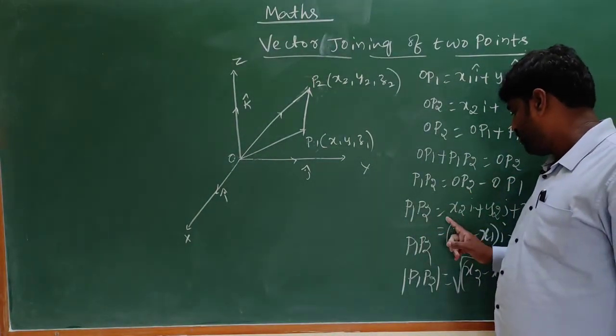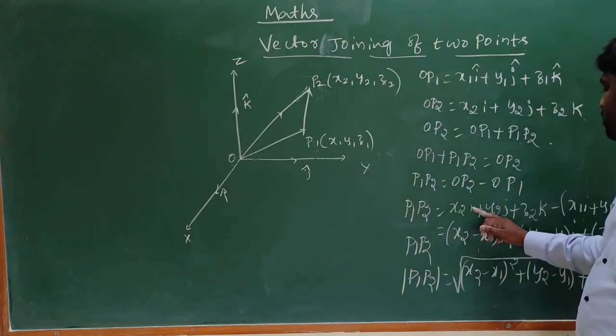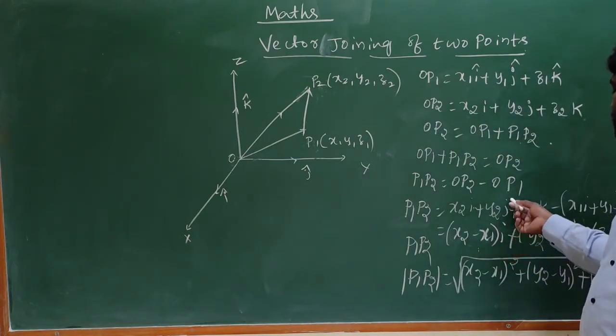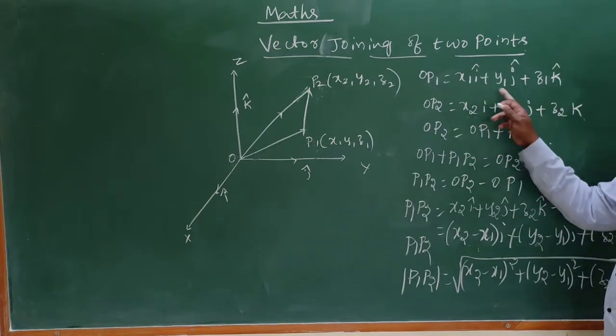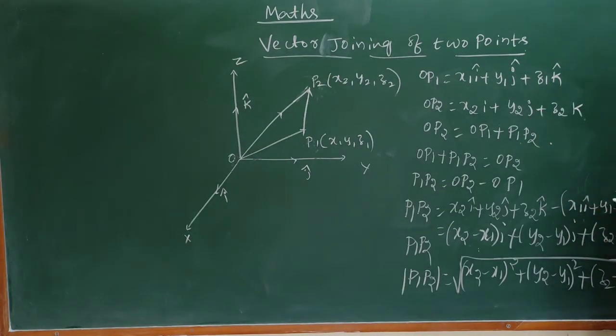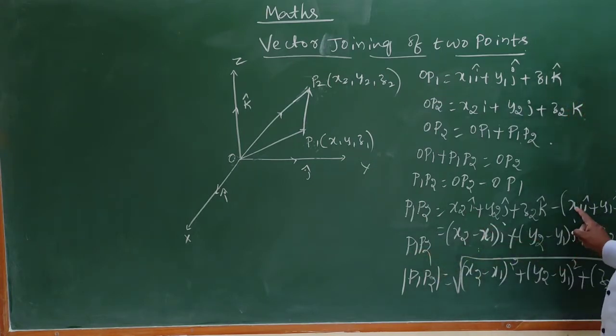What is the OP2 value? Substitute here x2 i cap plus y2 j cap plus z2 k cap, minus as it is, OP1 is x1 i cap plus y1 j cap plus z1 k cap. Now P1P2 equals (x2 minus x1) i cap plus (y2 minus y1) j cap plus (z2 minus z1) k cap.